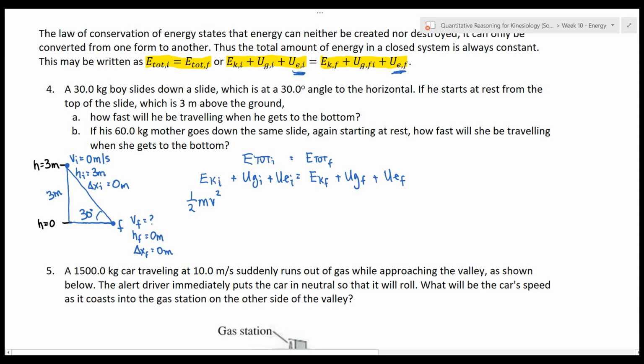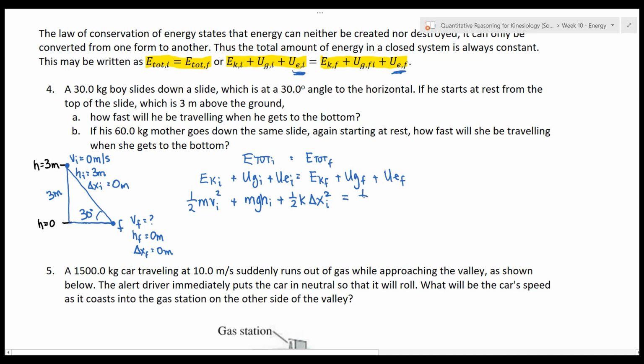Since this is the initial, I'm going to put a little i for V initial. For UG, the formula is UG equals mgh. This is the initial, so I'm going to put an i for initial height. And the formula for elastic potential energy is 1/2 K delta x squared. Again, I'll put a little initial for my delta x since it's the initial stretch or compression of the spring.